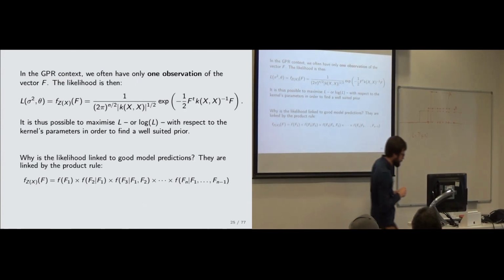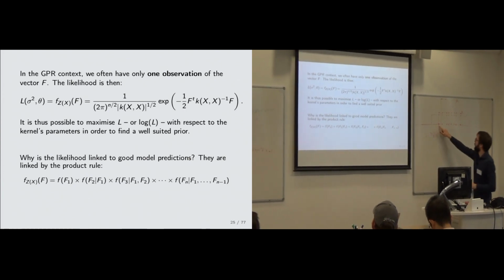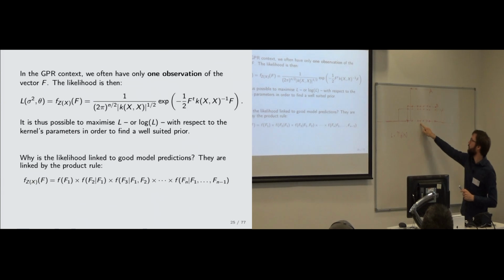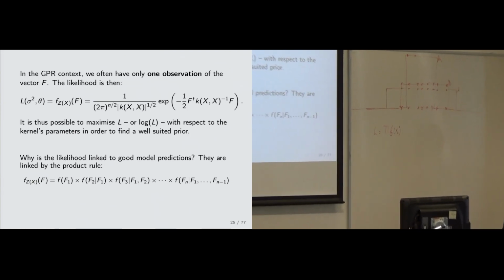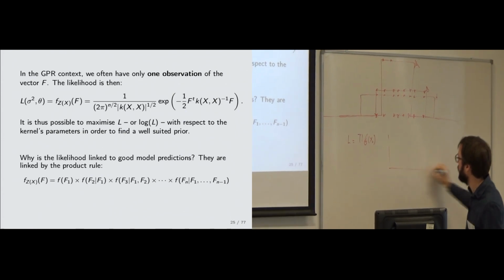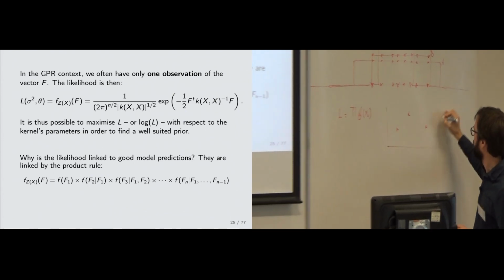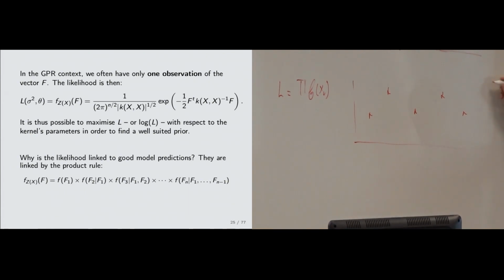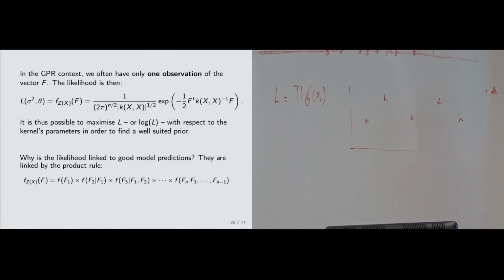The only difference between the case in our GP and this example is that here I had several observations from the same random variable. And in the GP case, we typically have a vector of n observations like that, but this should be seen as one observation in an n-dimensional space.